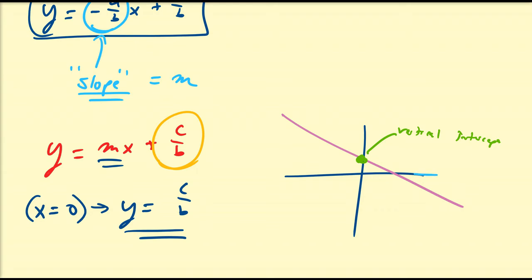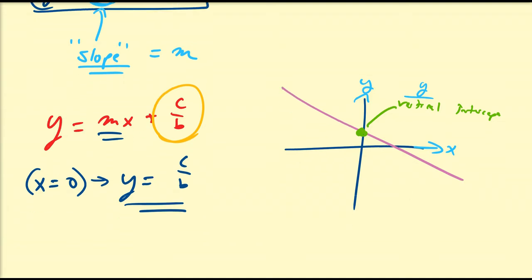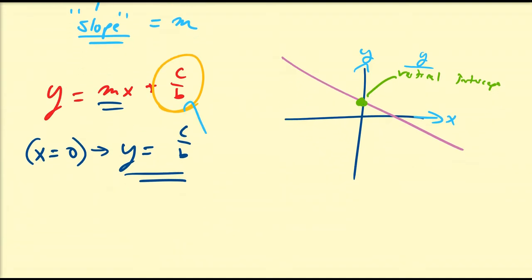Typically, if this is the x-axis and this is the y-axis, some people just call this the y-intercept. So this number here corresponds to the vertical intercept. Therefore c over b is the vertical intercept, which some people just abbreviate as b.